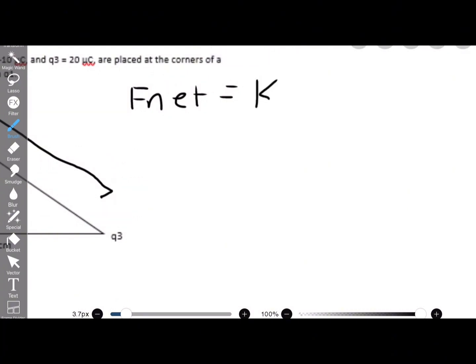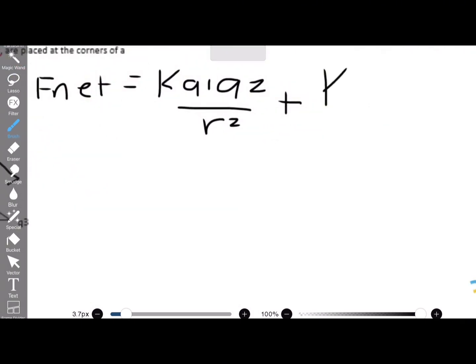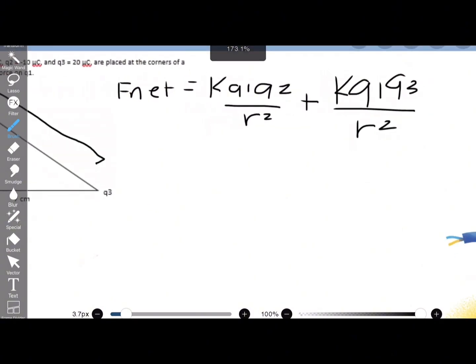So K Q1 Q2 all over R squared plus K Q1 Q3 over R squared. So we can probably simplify this further by allowing KQ1, which is the common factor within all of this, to be left outside while we parenthesize Q2 and the rest.